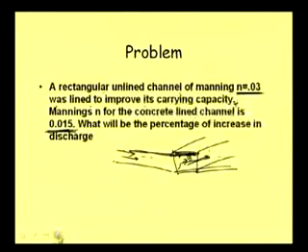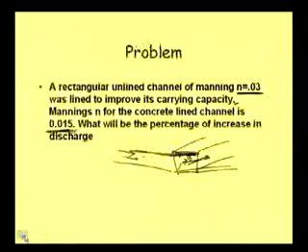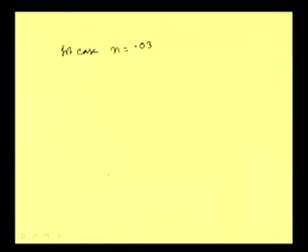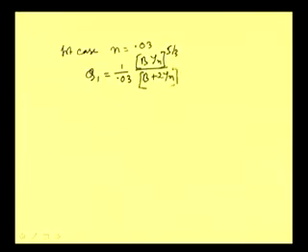Just it is asked what will be the percentage increase in discharge. Now, you can see that for the first case, when our n is equal to 0.03, we can just write that Q1 is equal to 1 by n, that is 0.03, then A means we can write B into yn, to the power 5 by 3, P is B plus twice yn, to the power 2 by 3, and S to the power half.